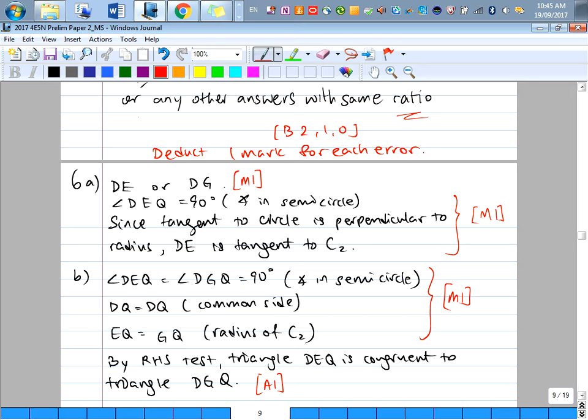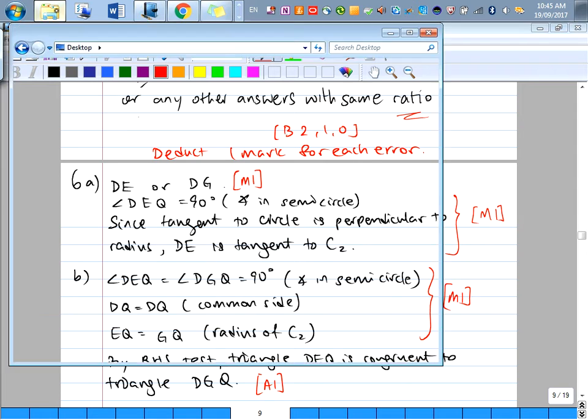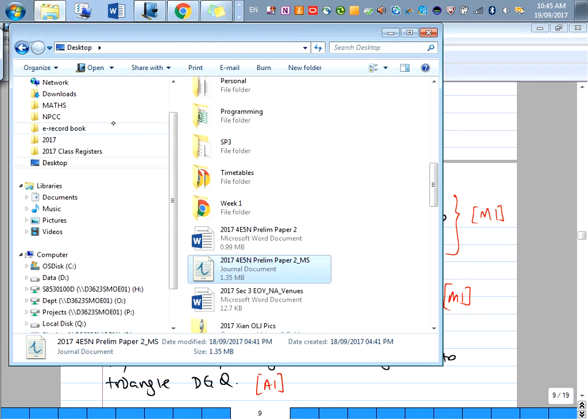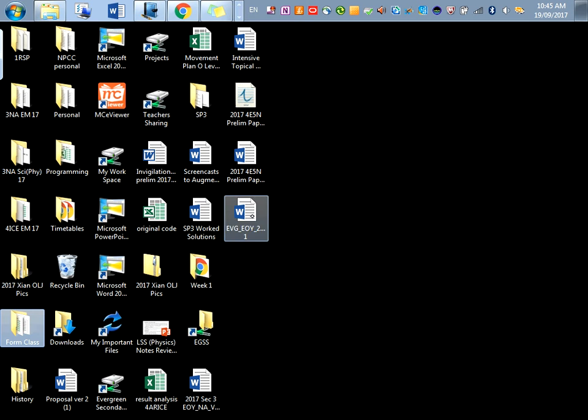Okay, question 6, the circle question. State a line segment that is tangent to circle number 2 and justify your answer with reasons clearly. There are 2 options, either DE or DG. What is the reason? Okay, let me bring out the diagram.